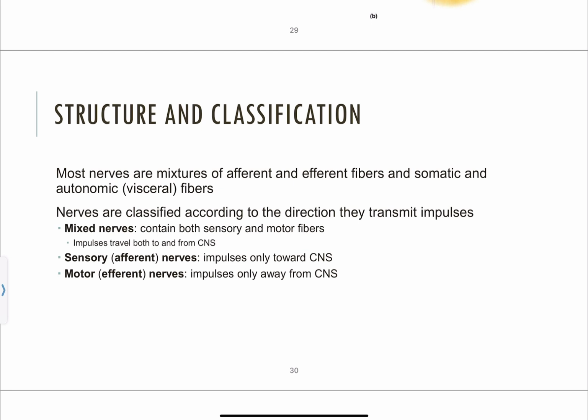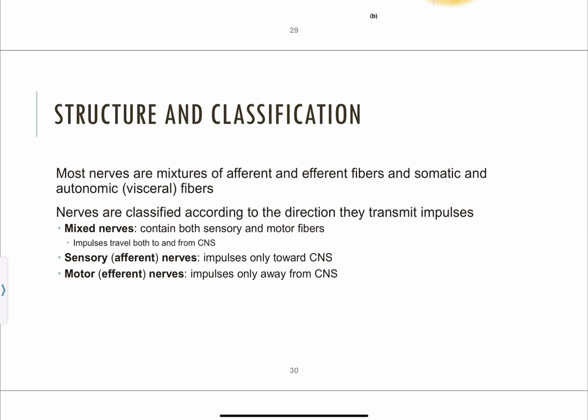And if we're talking about motor or efferent nerves, these are only carrying impulses from the central nervous system to the effector organs themselves. Most of the nerves that we have are actually mixed, so they have both sensory and motor fibers in them. But a couple of nerves do just have purely sensory or purely motor fibers, but those are much less common.